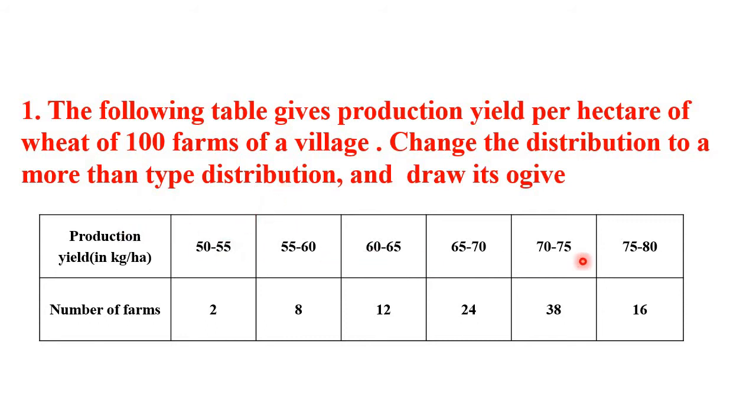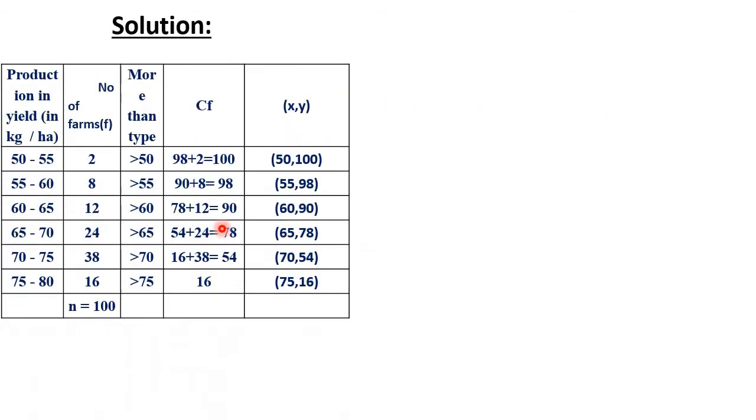First let us write these horizontal rows as columns. Production yield and the number of farms is written. 50 to 55 2, 55 to 60 8, 60 to 65 12, 65 to 70 24, 70 to 75 38, 75 to 80 16.